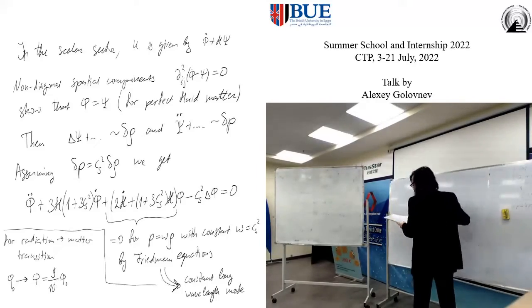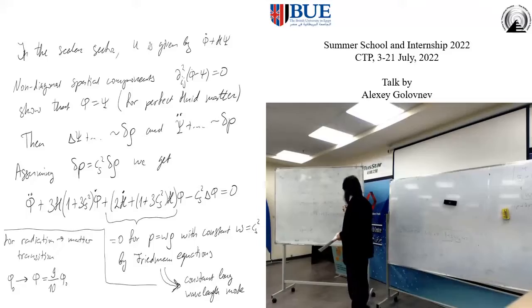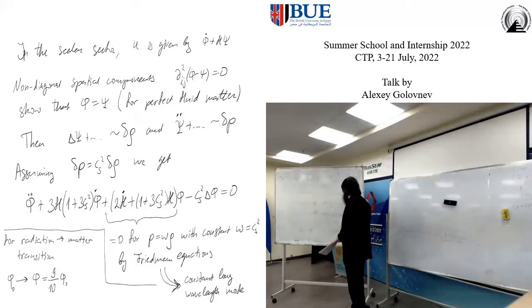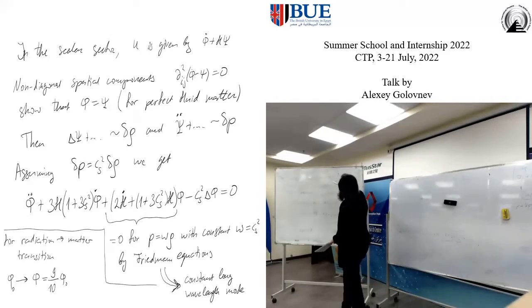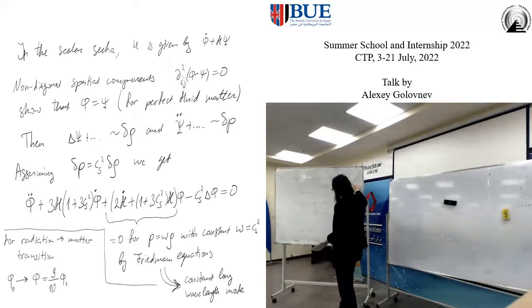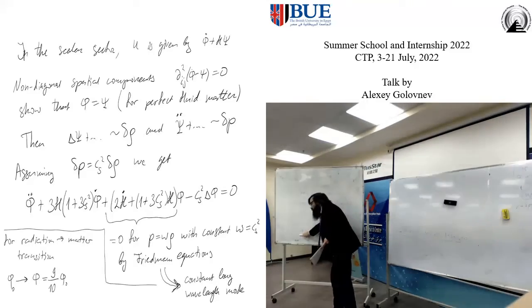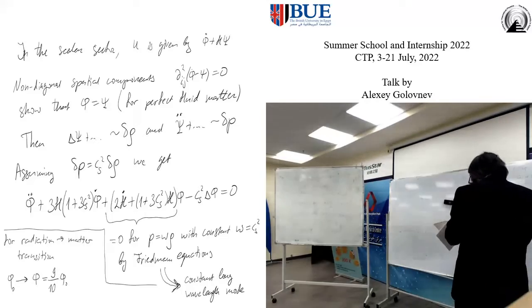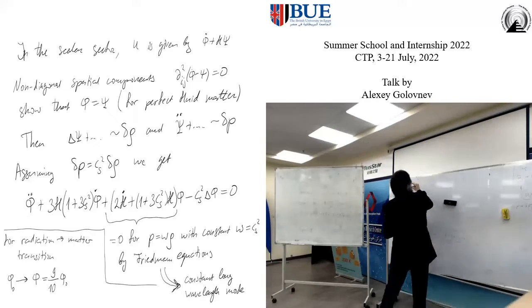Everywhere I can put phi instead of psi because phi is equal to psi. I take this part, given by the variation of pressure, and this part, given by the variation of energy density, and I get the equation for phi.